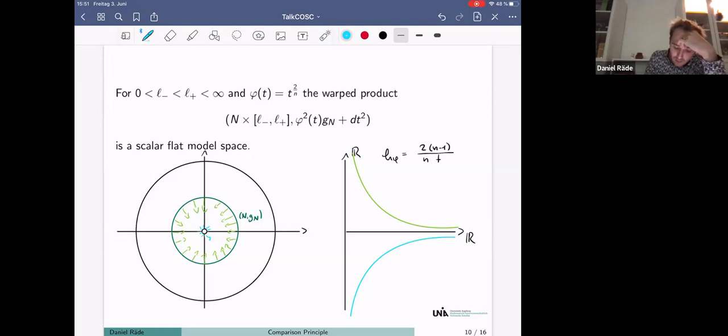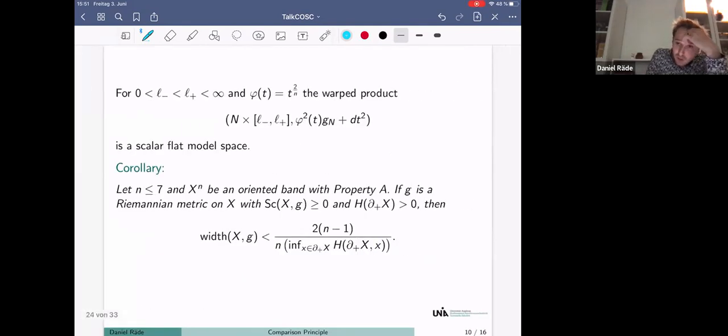And then the result is the following. You also have a width estimate, but you need stronger assumptions. So the theorem is: an oriented band with property A has non-negative scalar curvature, but the mean curvature on one side, and I choose the right-hand side, is positive. And then the width is bounded by some function of the infimum of the scalar curvature.